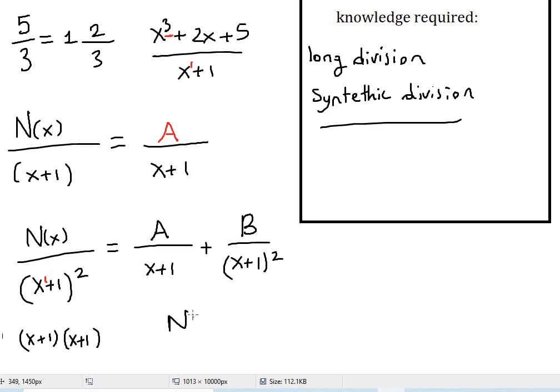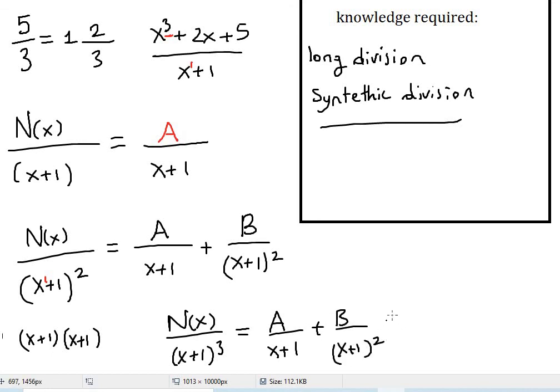If we had n of x over x plus 1 to the third, which is a linear factor repeating 3 times, then it would be some constant over x plus 1, some constant over x plus 1 to the second power, and some constant over x plus 1 to the third power.